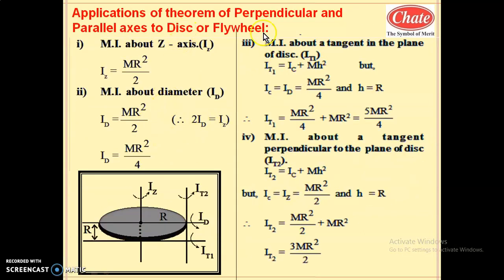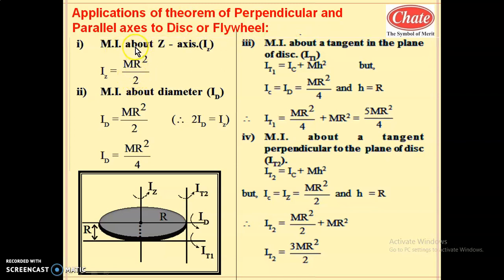Let us apply the principle of perpendicular axis and parallel axis. So application of theorem of perpendicular and parallel axis to disk or flywheel. Flywheel is similar to the disk, so the moment of inertia of disk and flywheel is calculated using the same formula.